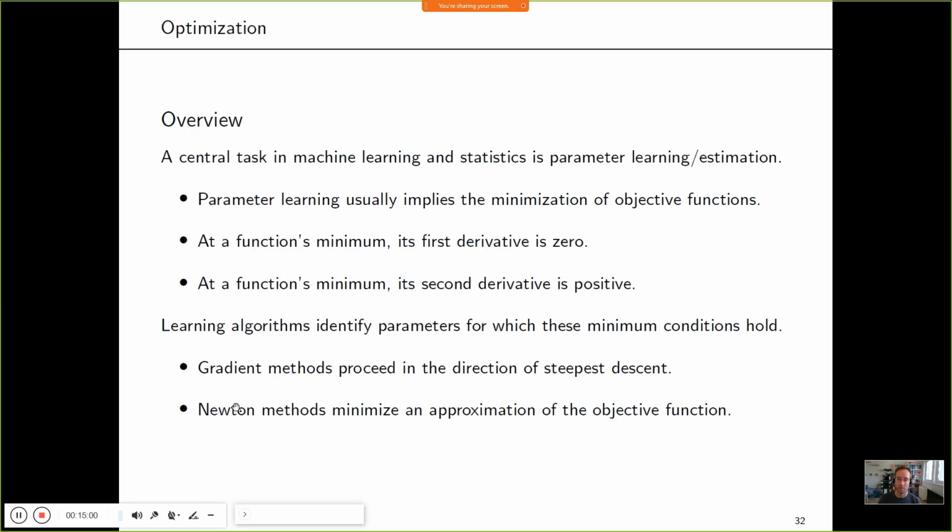These are then the algorithms, and basically they do their work until the criteria for a minimum are fulfilled. So usually you let an algorithm run until you find that the first derivative of the function is not changing anymore, and then you are at least sure that you are at a stationary point.